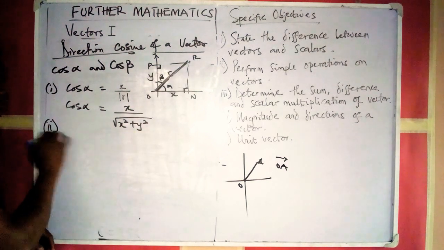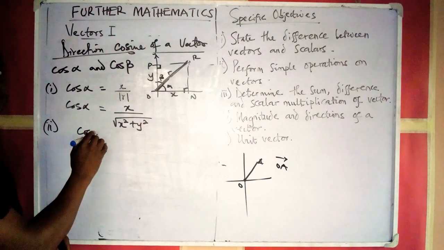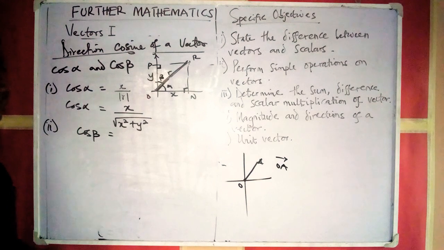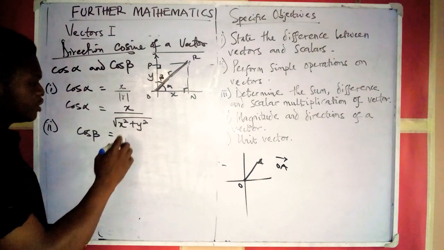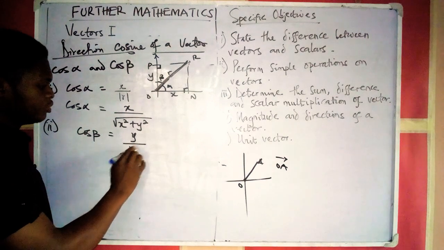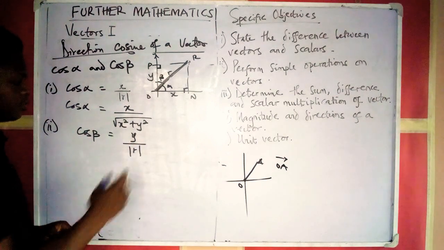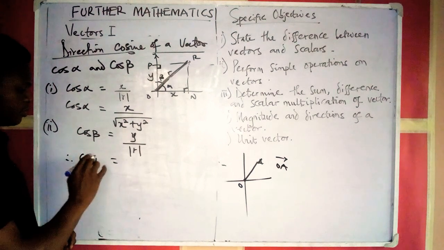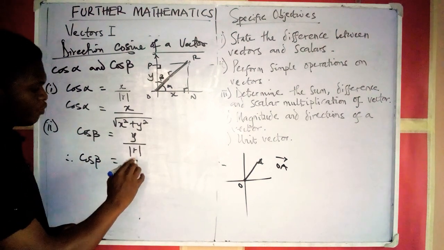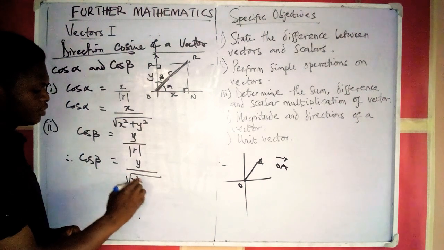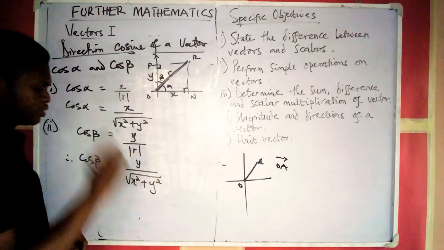Also, the direction cosine in the y direction, which is cos beta, is giving us y over the modulus of r. So this is also the same as y over the square root of x squared plus y squared.